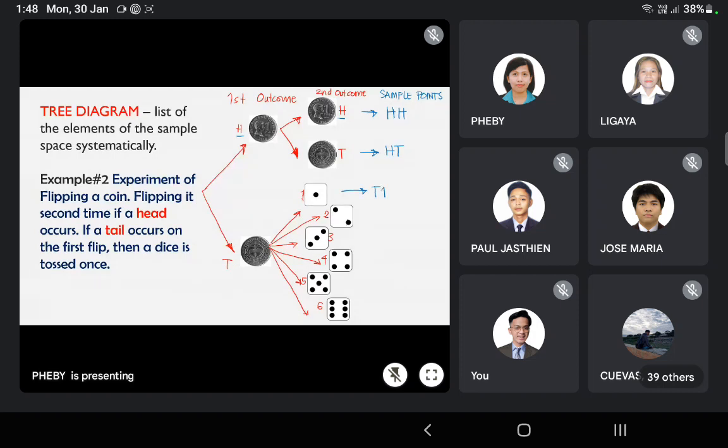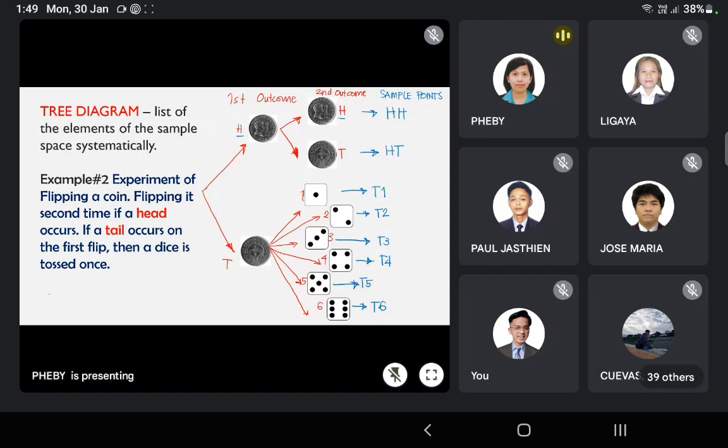Tail, 2. Tail, 3. Tail, 4. Tail, 5. And lastly, we have tail, 6. So those are the sample points of our experiment.